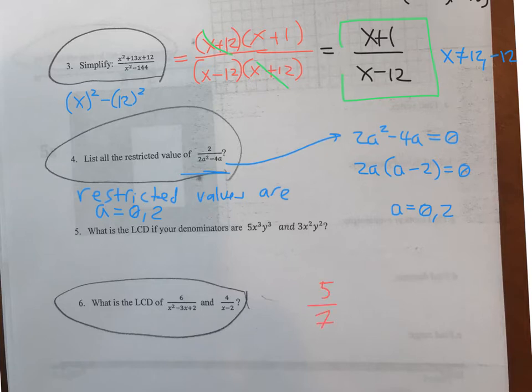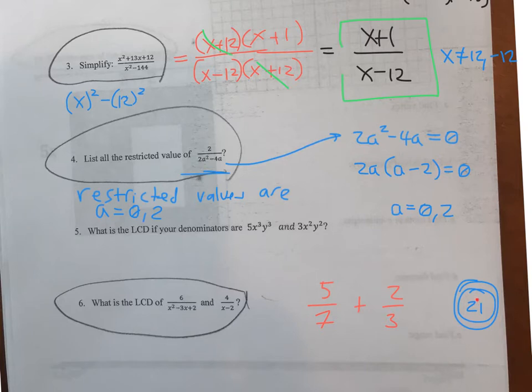Imagine you have 5/7 and you were going to add that to 2/3. The LCD is the least common multiple, which is some number that both of these denominators divide into. My student at home probably knows that 21 is the least common multiple of 7 and 3, because 7 divides into 21, and 3 divides into 21.